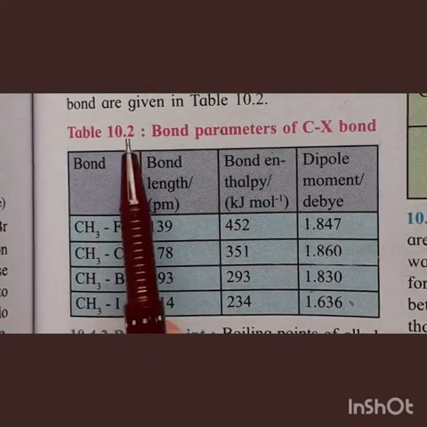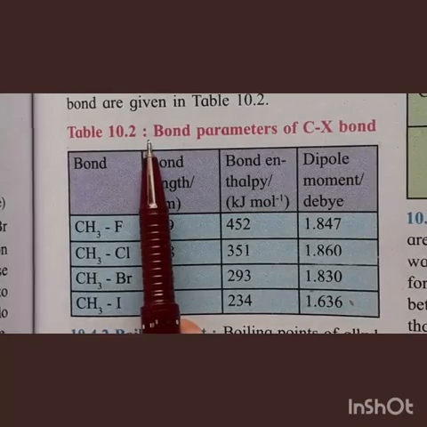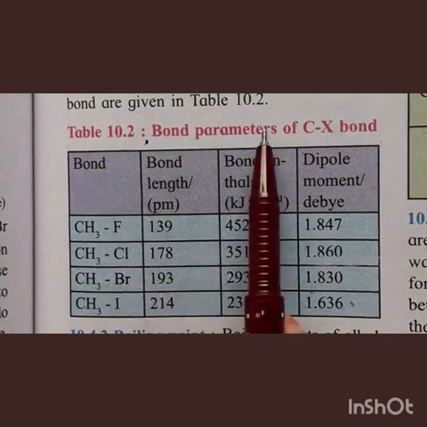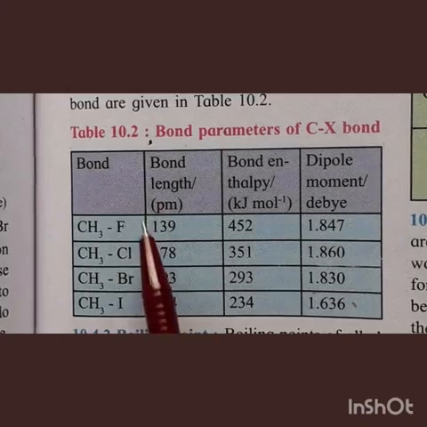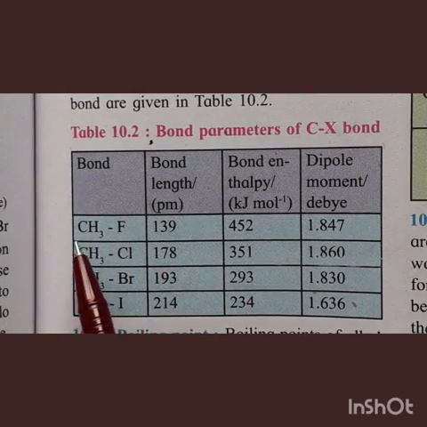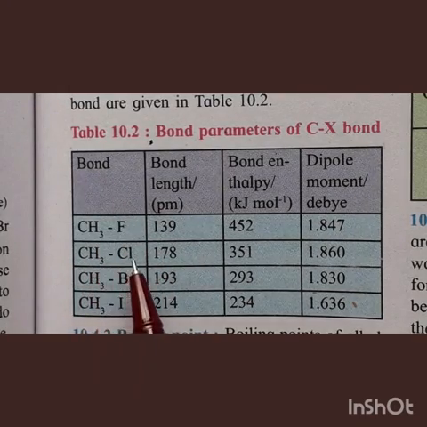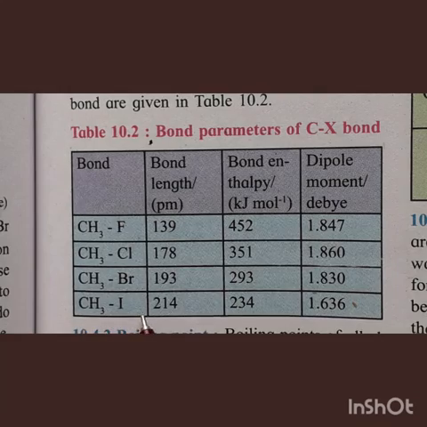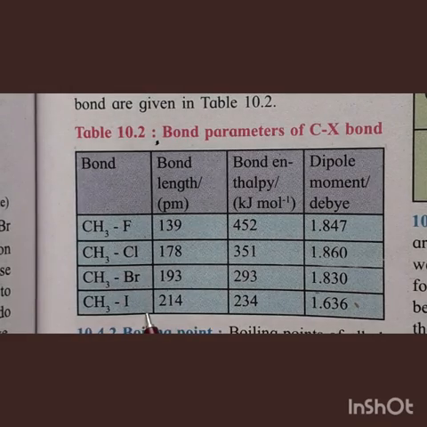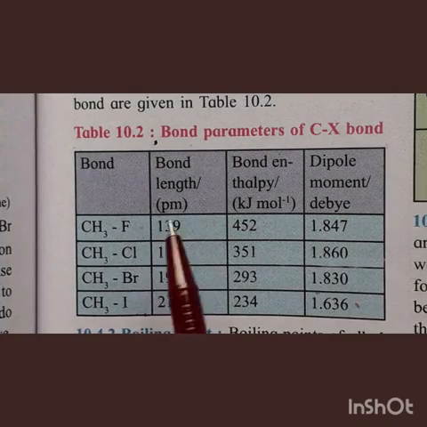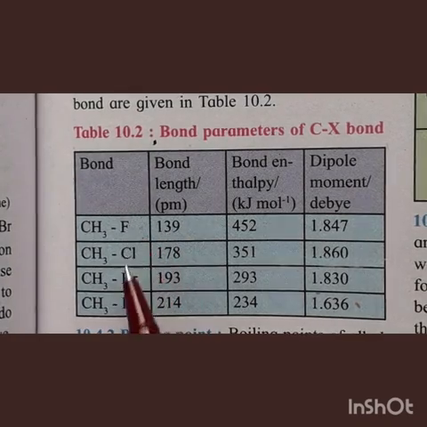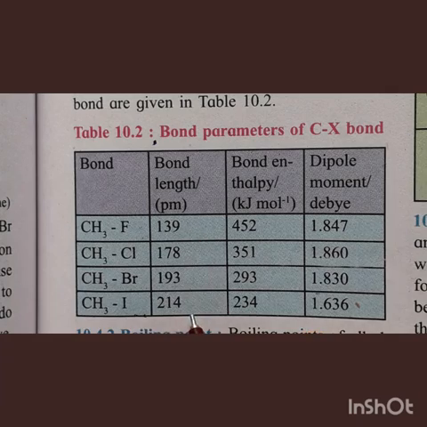Now you can see Table 10.2 which is given in your textbook. Bond parameters of the C-X bond they have given. Here they have shown the bonds CH3F, CH3Cl, CH3Br and CH3I. You know the size of halogens increases from fluorine to iodine, and I have told you as the size increases, bond length also increases.